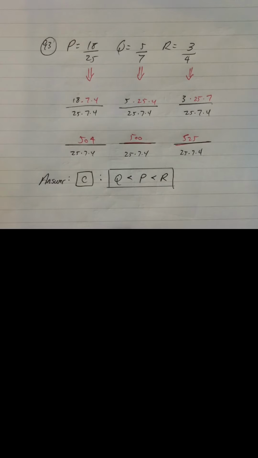P therefore becomes 504 over 25 times 7 times 4. Q will be 500 over 25 times 7 times 4. And R will be 525 over 25 times 7 times 4. The correct answer is C. Q is less than P, which is less than R.